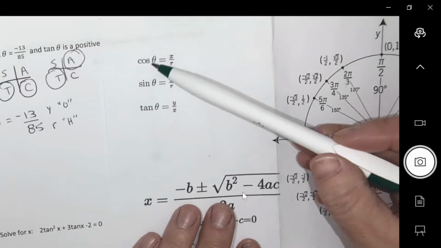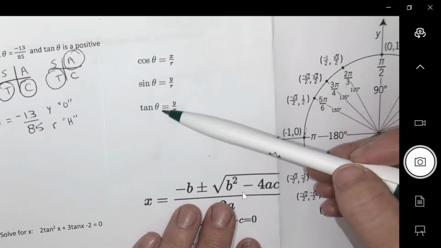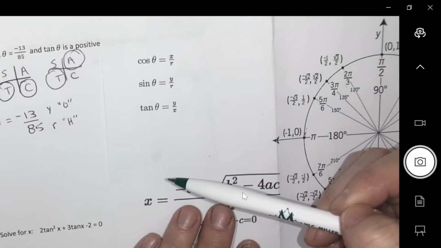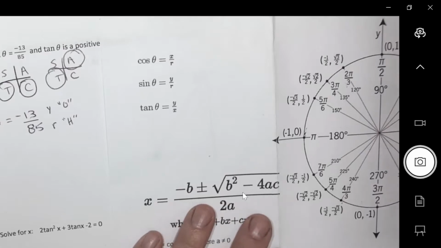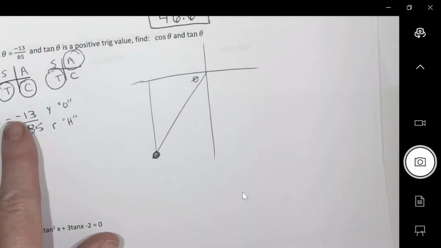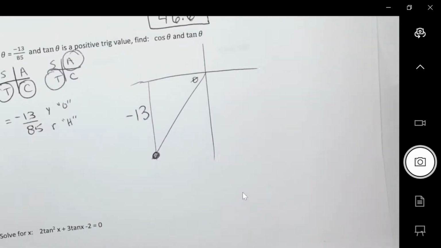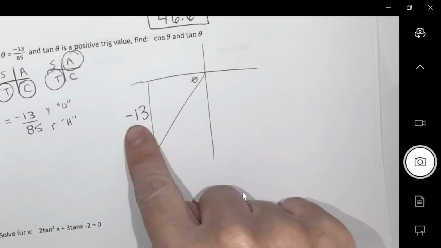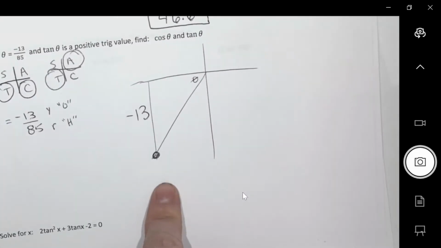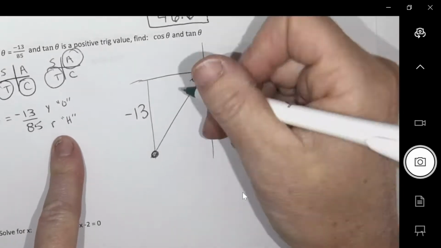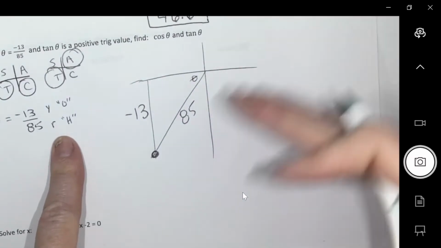But you do get these formulas. Okay, so I need negative 13 on that triangle. On which side of the triangle are you going to put the negative 13? Opposite of the angle, or the y part of the triangle. And where are you going to put the 85? The hypotenuse, or the radius.